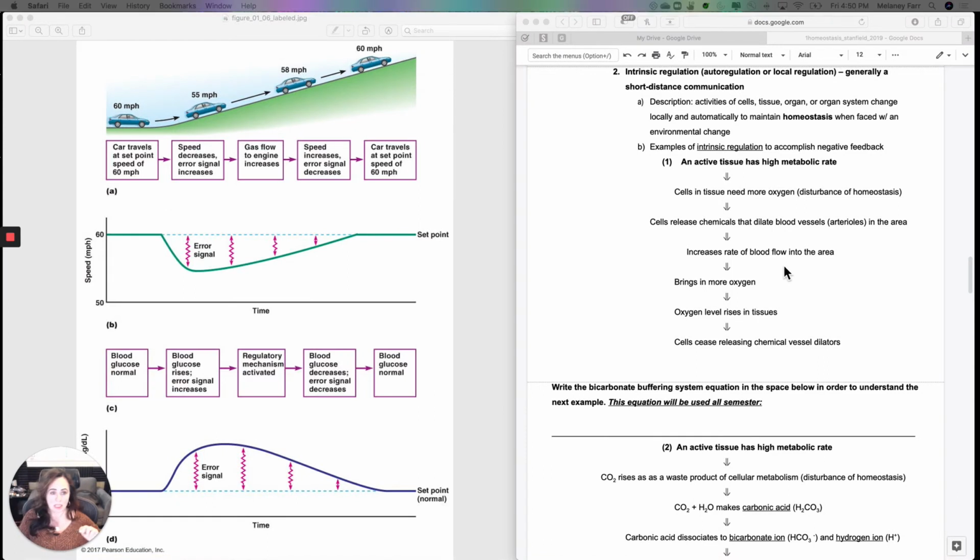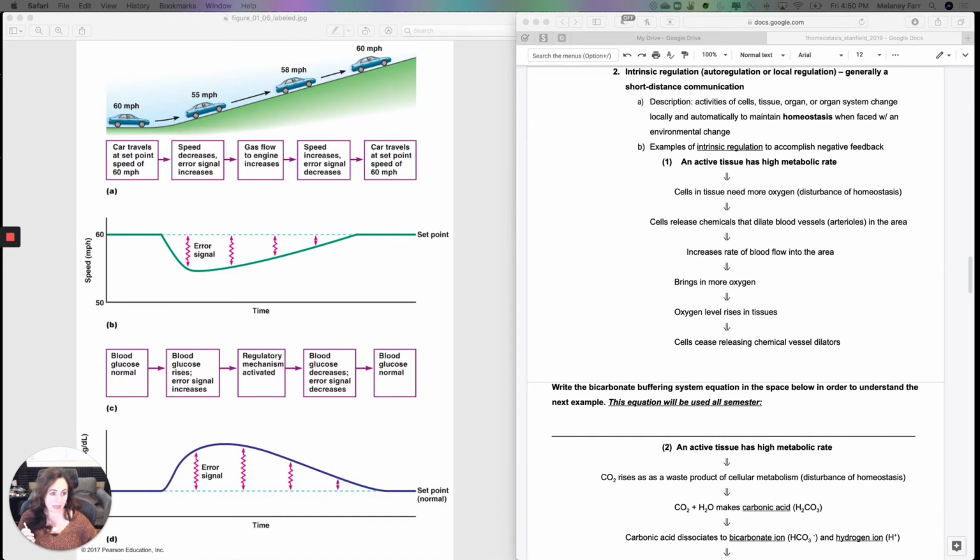Okay, so that is homeostatic, right? Low levels of oxygen were brought back up. It's negative feedback because it opposed the direction it was going. The oxygen level was too low and you negated it and brought it back up. And it's intrinsic because I didn't phone a friend. I did it myself.